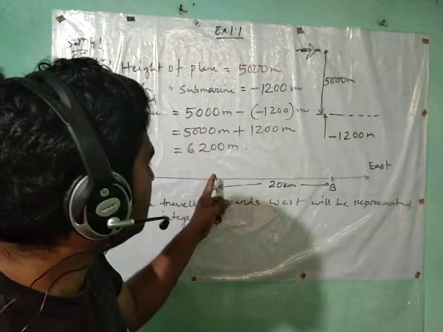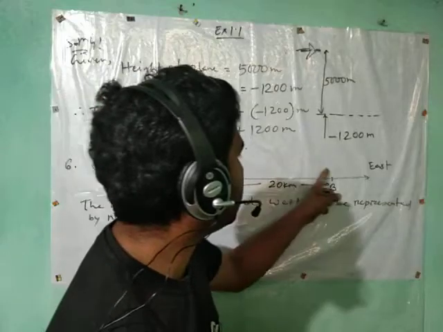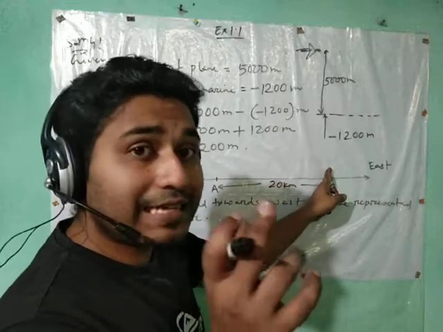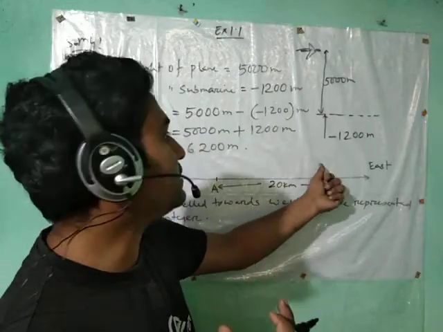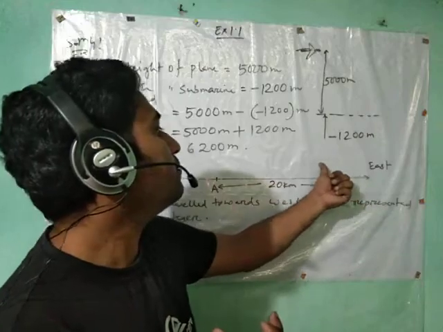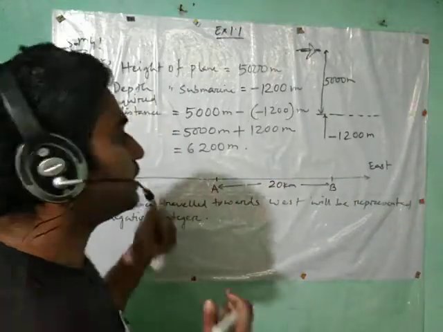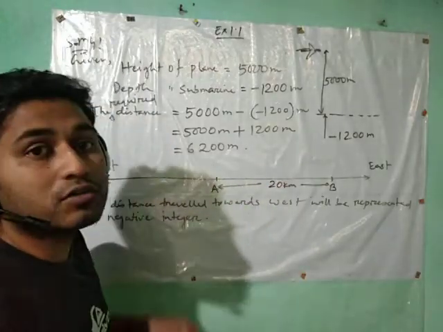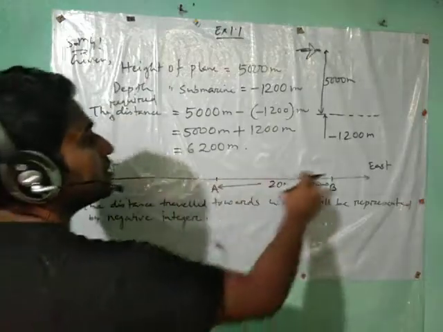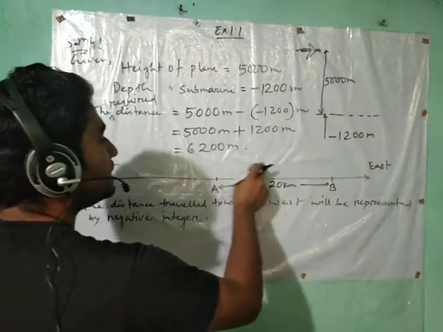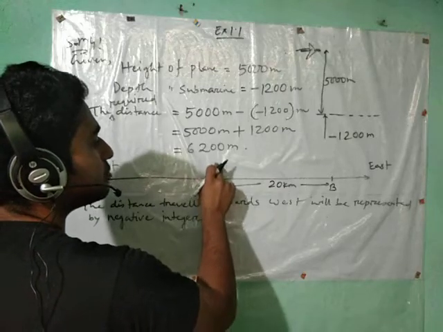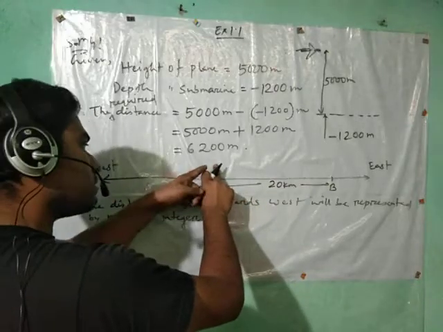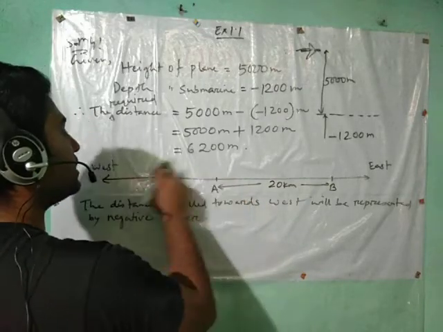In it, first the lady Rita went from here to there. Now where is she? She is here. How much distance has she traveled? 20 kilometers. Then she has changed her mind and she again returned, or she moved in this direction, that means towards west. How much distance has she traveled now? She has traveled now 30 kilometers towards west. From here to here she has already traveled 20 kilometers, but she has traveled 10 more kilometers because she has traveled 30 kilometers.